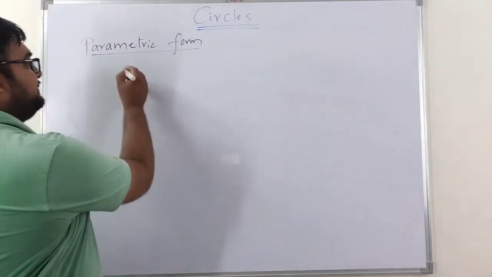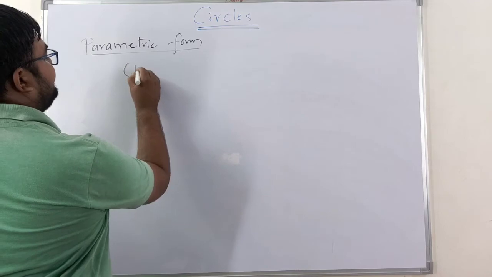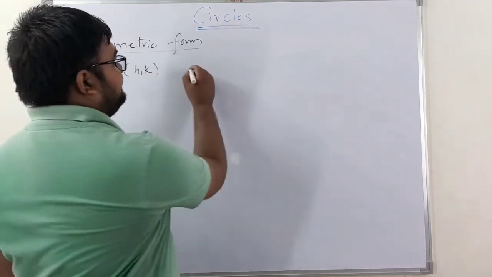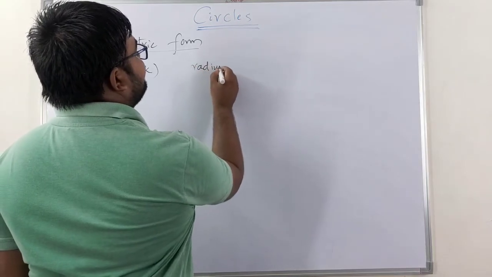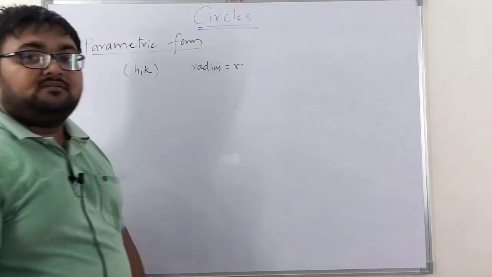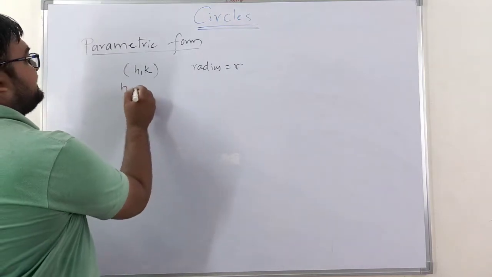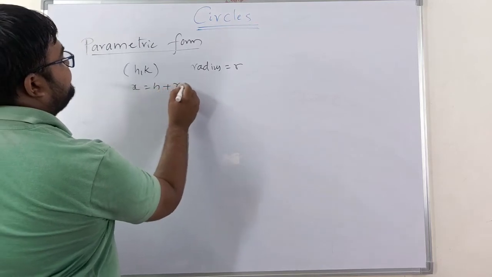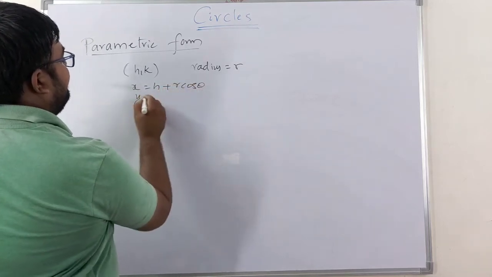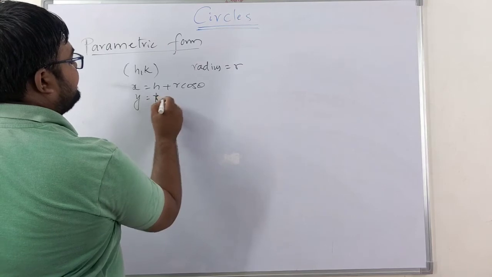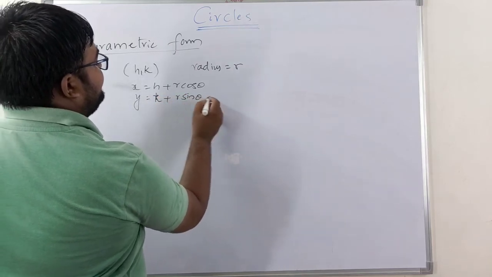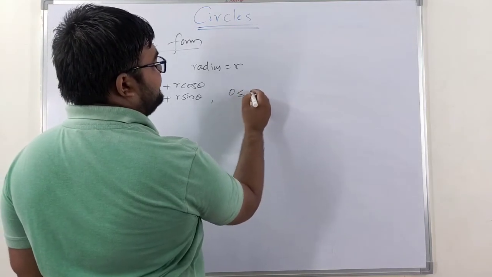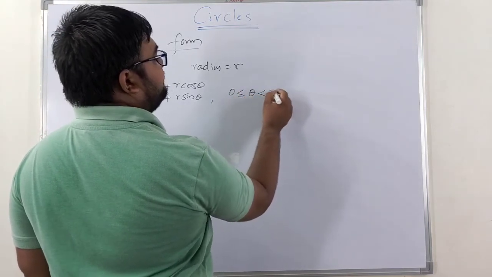See, if some h comma k is the center of the circle and the radius of the circle is some r, then I can say that x is equal to h plus r cos theta, y is equal to k plus r sin theta, where theta lies between 0 degrees and less than 2 pi.